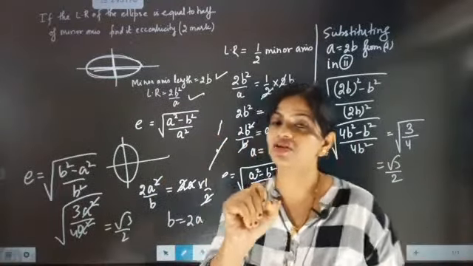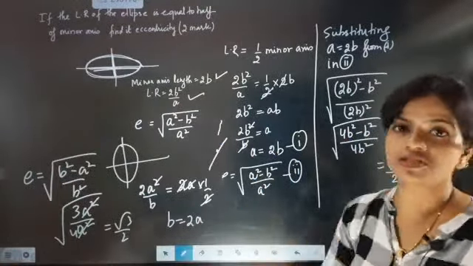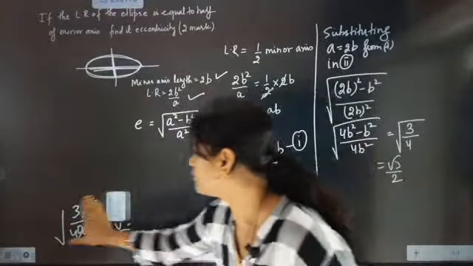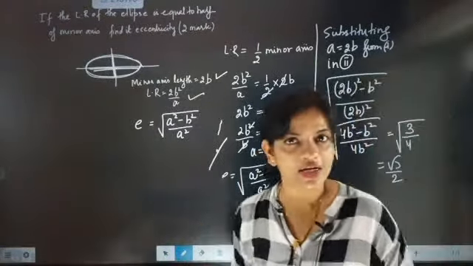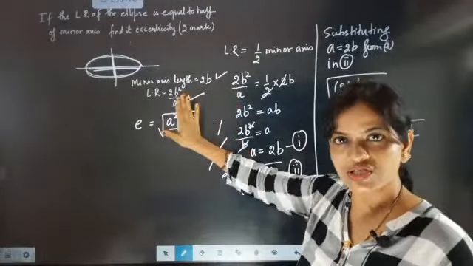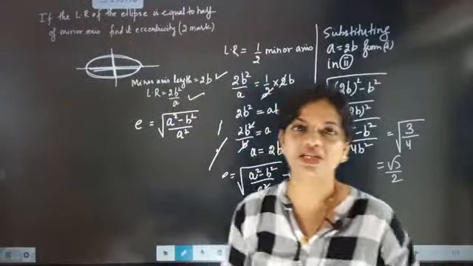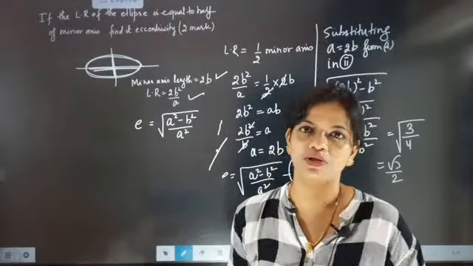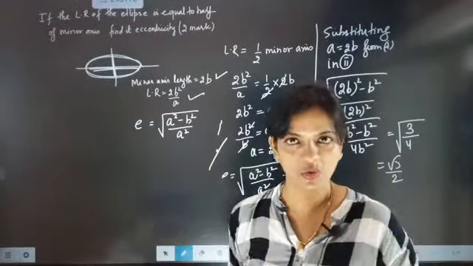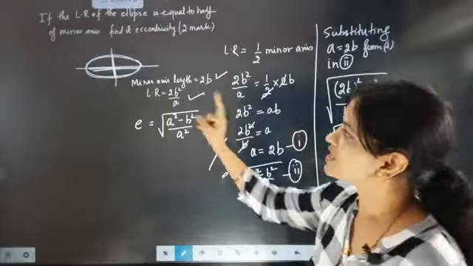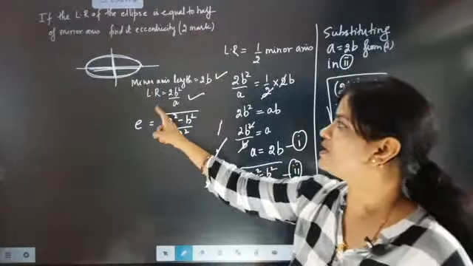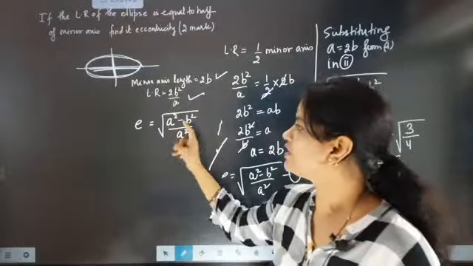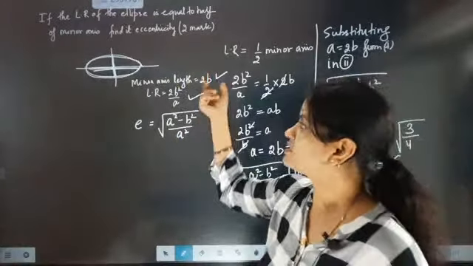So I want my children to pay attention to this type. I am just repeating one more time for those who are having confusion. For this type of questions, you can take the ellipse resting on the x-axis, or you can take the ellipse resting on the y-axis. Totally your wish. But when you take the ellipse resting on the x-axis, the latus rectum formula will be 2b square by a, the eccentricity formula will be this, the minor axis will be this.